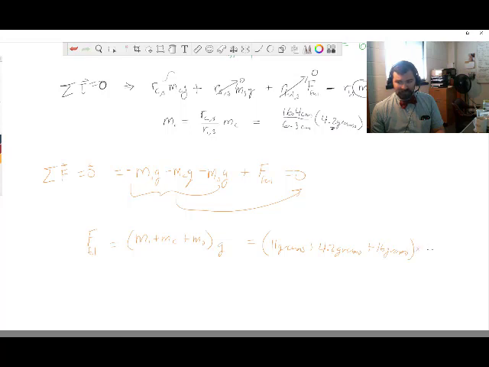We have to convert that to kilograms, so we have 1 kilogram per 1,000 grams, and then times 9.8 newtons per kilogram.